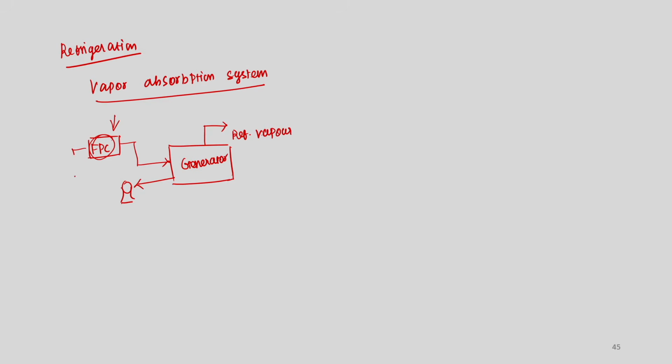So, this is pumped. Always it should be in the upper position. This is the generator where you get the refrigerant vapors. These refrigerant vapors go to a heat exchanger, and then you would have a condenser, where you get the high pressure liquid.